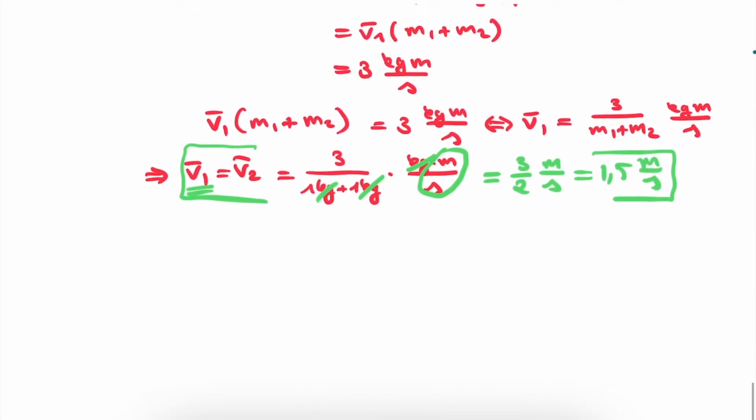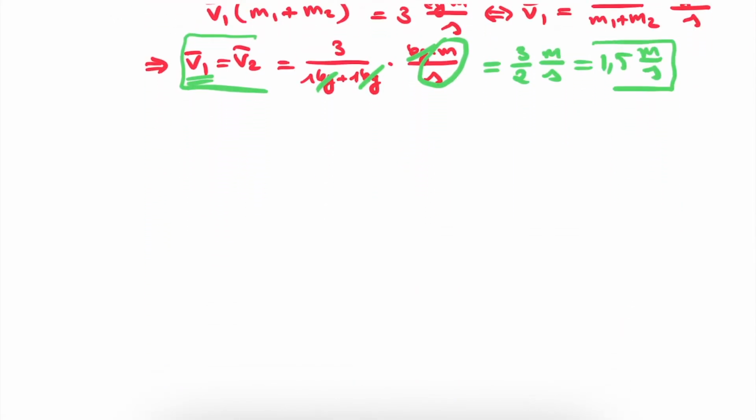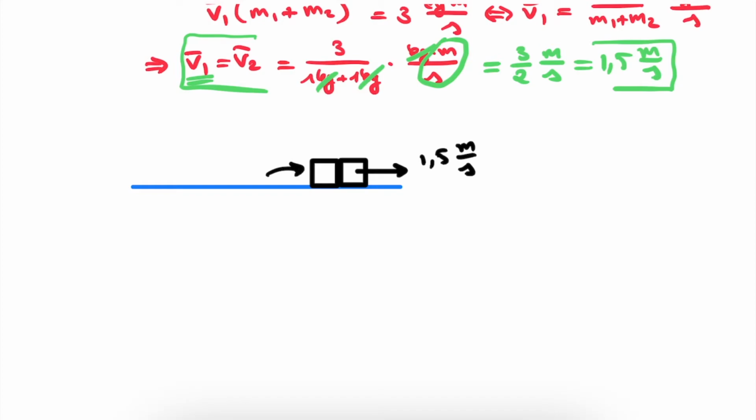So just for clarity, let's now sketch the situation after the collision. We have, of course, here our object 1, and we have adjacent to it our object 2, and they are both moving at the same velocity of 1.5 meters per second, which is exactly half of the velocity that our initial object had.